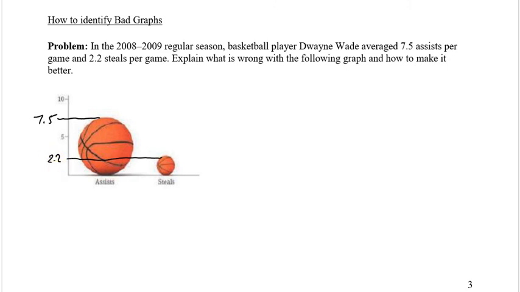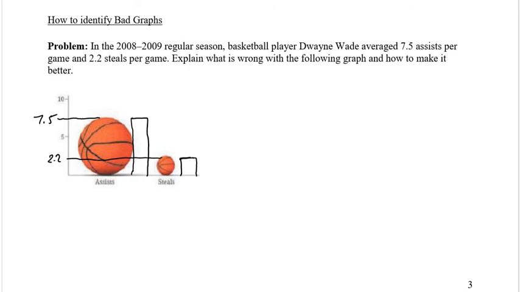So what makes the graph wrong? Well, if we did this with a bar graph, we would have a bar that went up to 7.5 like this. That would be for our assists. And over here we'd have a bar similar, but like that. Now the thing about the bars is they are the same width, even though one's taller.